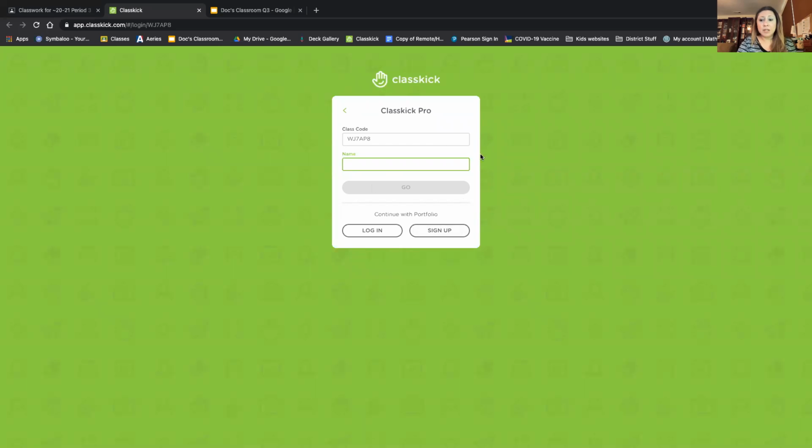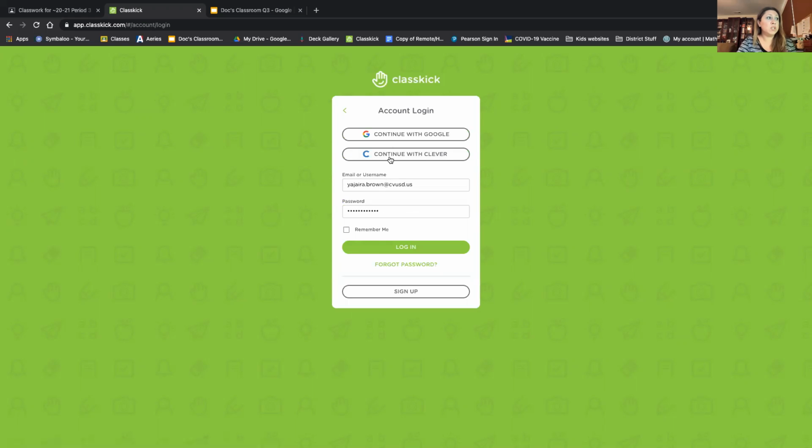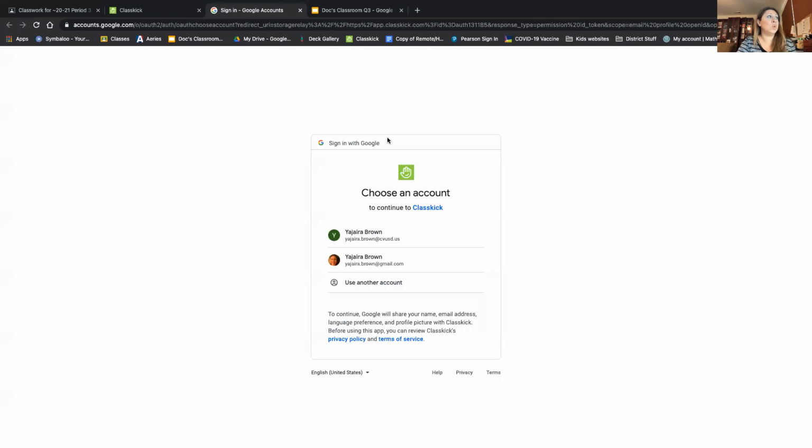Now, here is the part where I'm still having some of you guys, not very many, but there's a couple of you guys who are still having this issue. Miss Gomez and we type in our name. You guys need to click on login. And once you click on login, you go to open with or continue with Google.